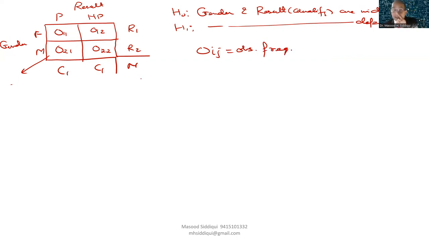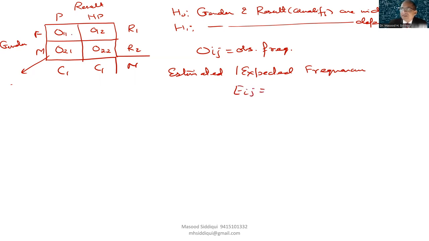Then we compare these observed frequencies with the estimated or expected frequencies. This is Eij. For Eij, this would be the sum of the ith row times the sum of the jth column divided by N. So what would be the Eij value here?